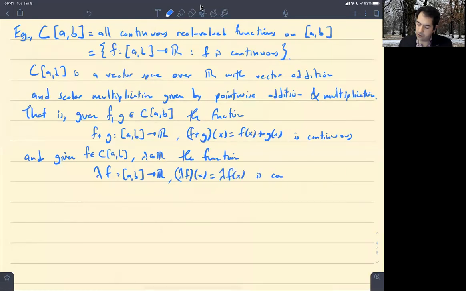This is again continuous. Okay, so I've given you the set and the two operations and pointed out that the set is closed under those two operations. We still need to check that this set with these operations satisfies all of the properties in the definition. So I'll let you check that. In particular, the distinguished element, the zero function, is just a function that assigns 0 to every point, the constant function 0.